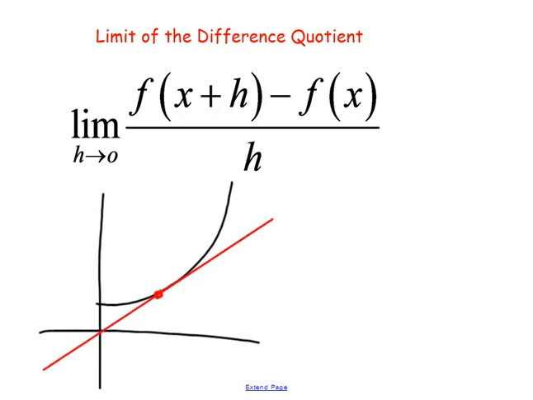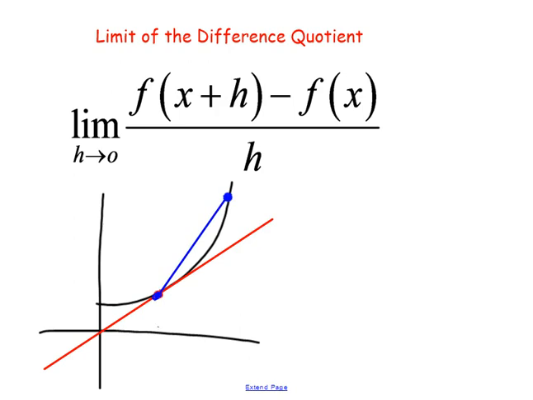So the tangent line at that point might look like that. And the idea is the slope of that red line and the slope of the black line at that point are the same. But if I wanted to find what that slope is, the problem is, in order to find slope, you need 2 points.